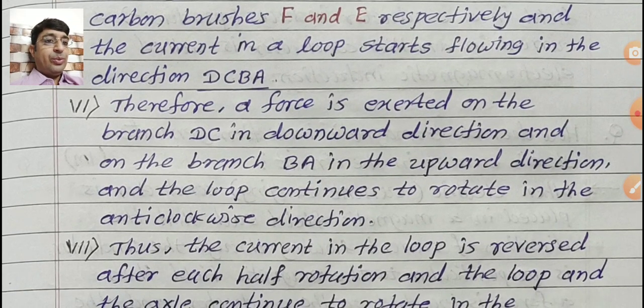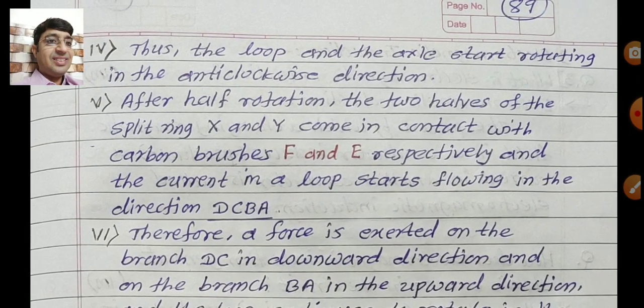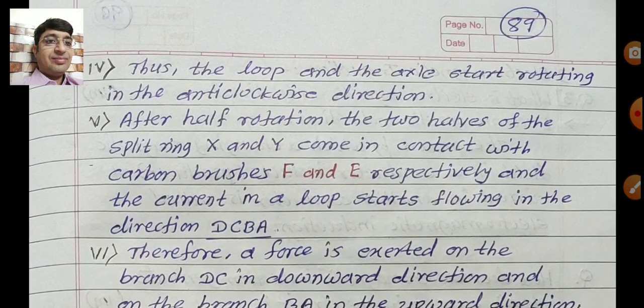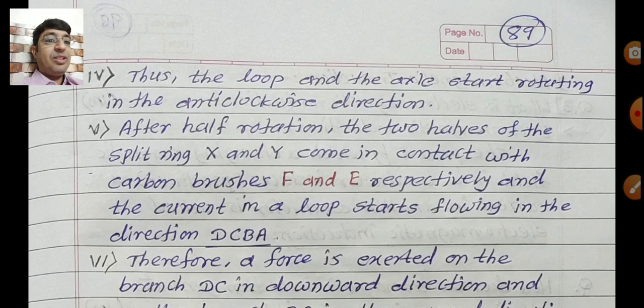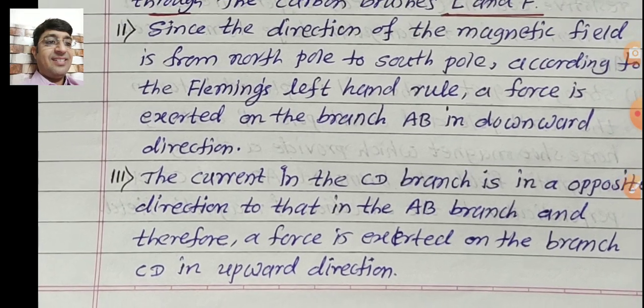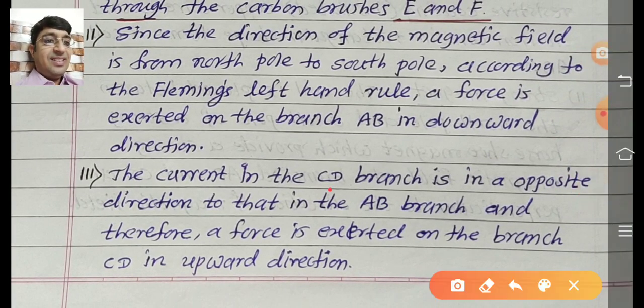Next point, therefore a force is exerted on the branch DC now in downward direction. What happened here? Check, I am showing, that is given on the previous page, no problem. See here, you remember the position. Your CD branch in upward direction, right, and AB branch downward direction.